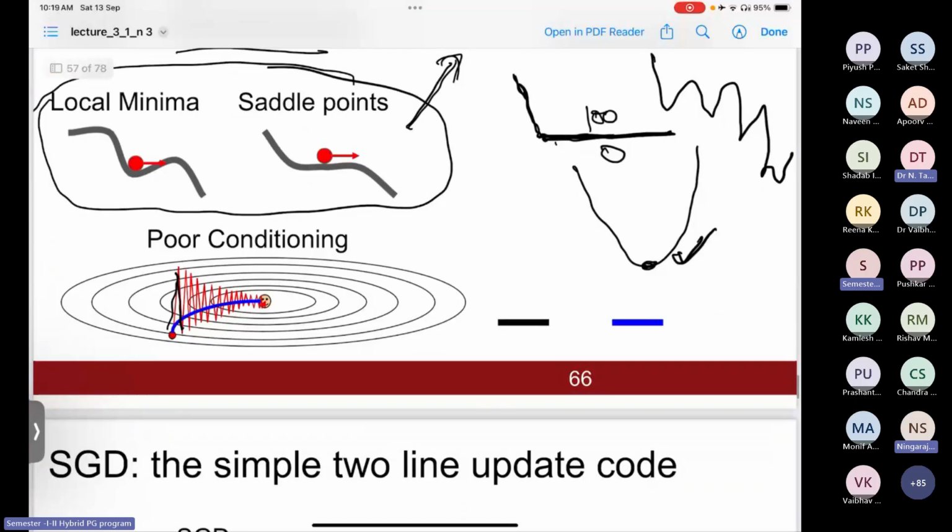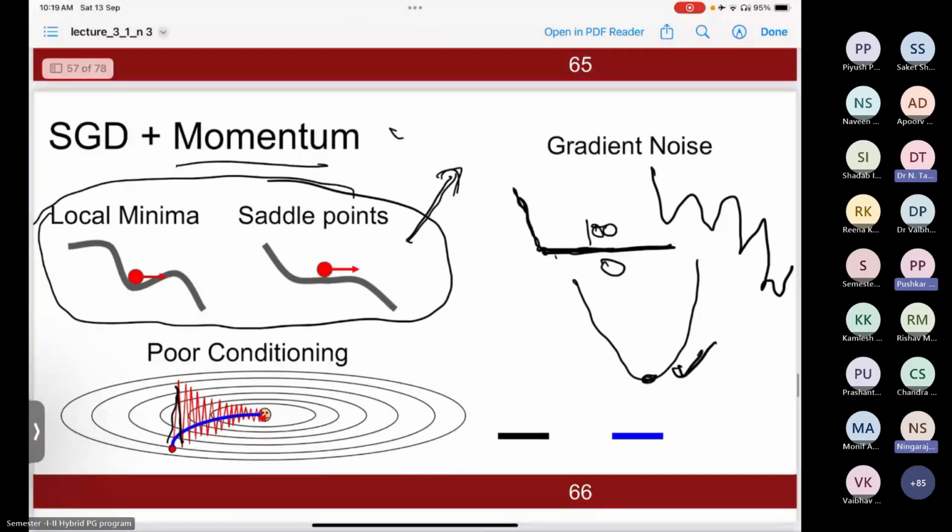Sir, by any chance, maybe in the next class or next week, can we take up a practical demo of this code? Yeah, I was also thinking that after completing the fully connected back propagation, maybe we could have one lab session.